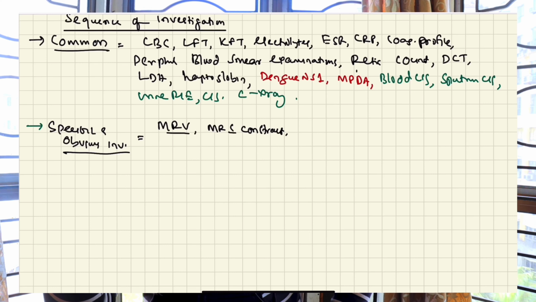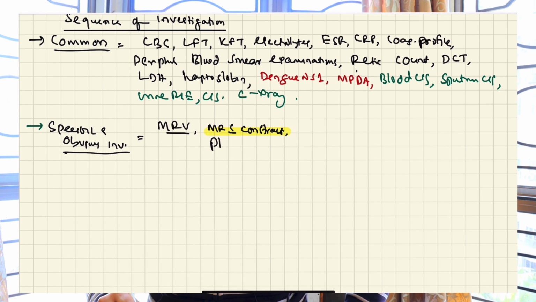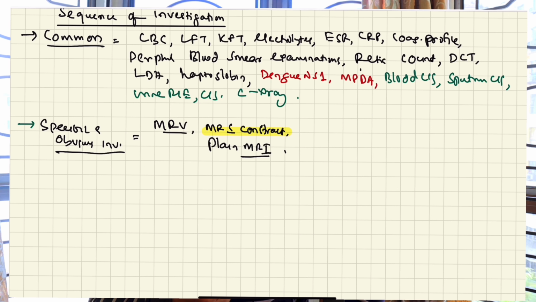Why MRI with contrast? Because with MRI with contrast and plain MRI, the plain MRI is good to rule out any structural things inside the brain: acute ischemic stroke, hemorrhagic stroke, or edema, mass effect, all these things. But when we are looking at subtle things, we need contrast. What will contrast tell us?